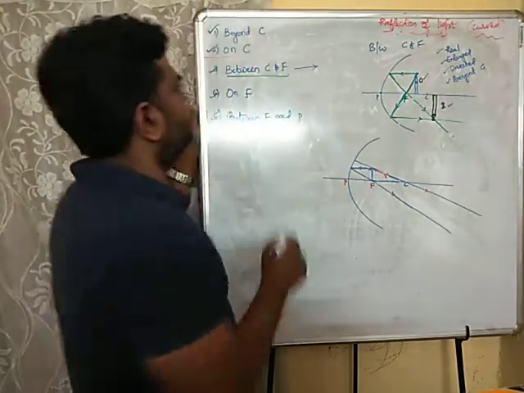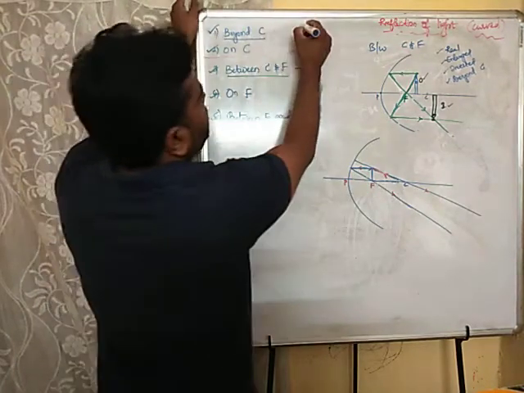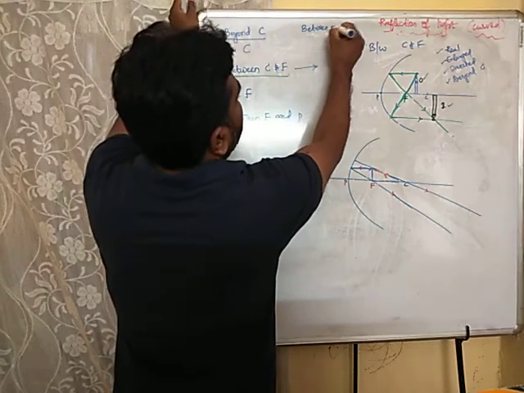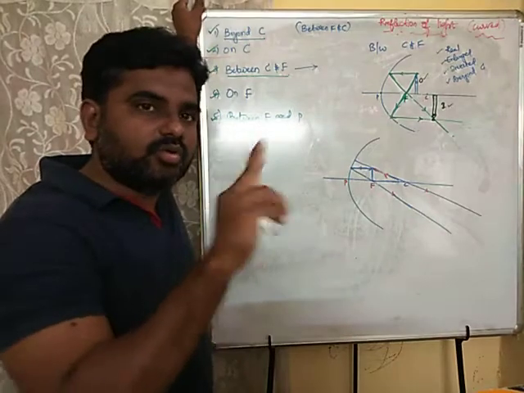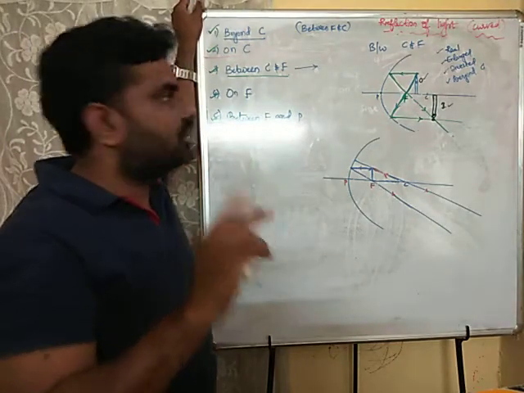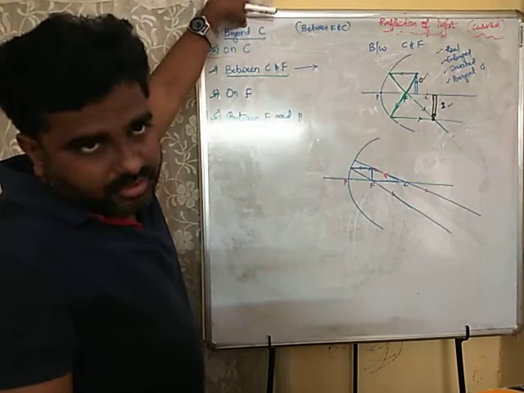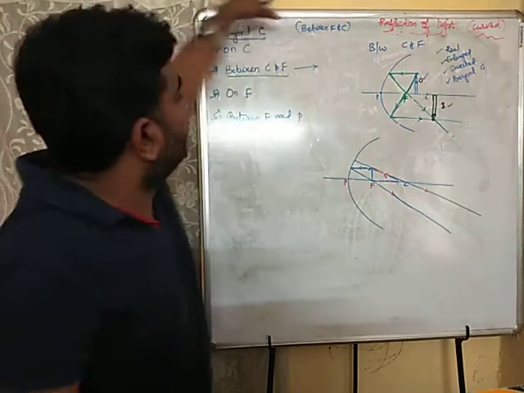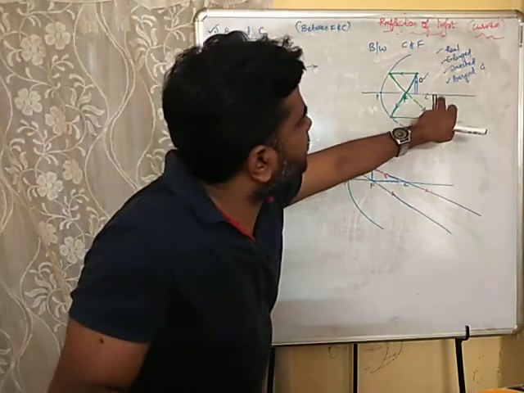Here you have to notice one thing, a very simple key point. Blindly you have to remember. When you keep an object beyond C, what about the image location? It is between F and C. Did you notice that? Go to the first video, I have drawn that. When an object is kept beyond C, you will get the image location between F and C. But here, between C and F, when an object is kept, where is it getting?